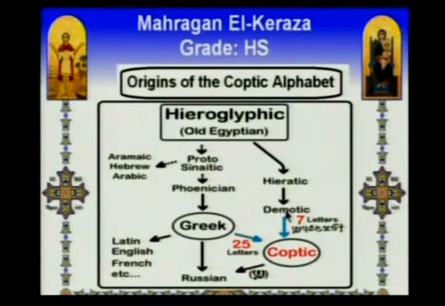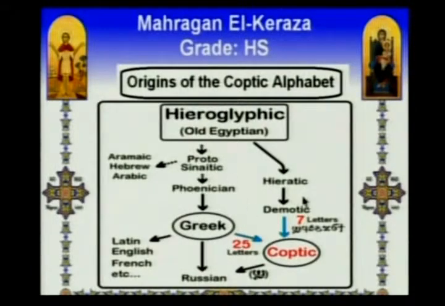But demotic was the language in which the selling and buying things was written as the contracts and things like this. And from this demotic stage, we took 7 letters that went into the Coptic alphabet.